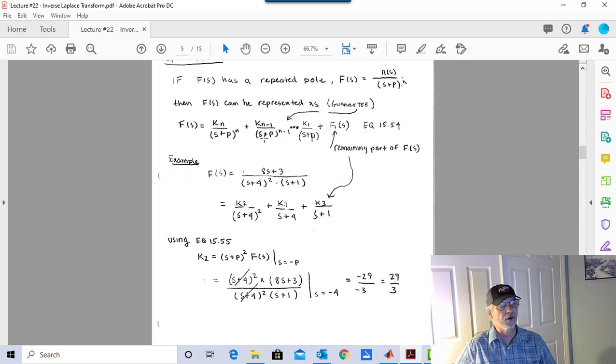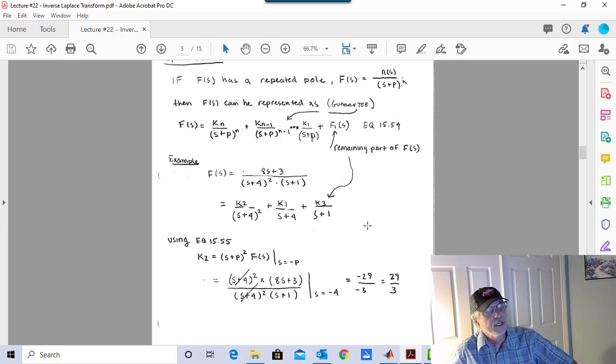In other words, we only had two poles, so we only have two terms here. So k2 over s plus 4 squared plus k1 over s plus 4. And then we have this remaining part that is not a repeated pole, our s plus 1. So here's our remaining part. We say that's just going to be k3 over s plus 1.